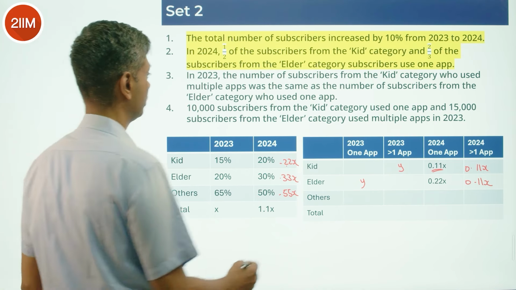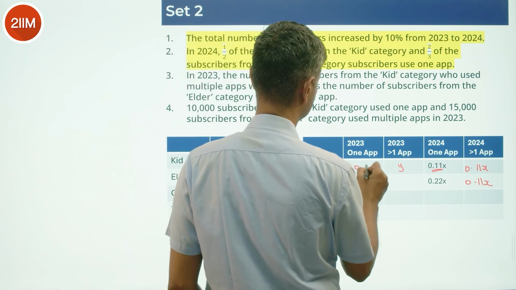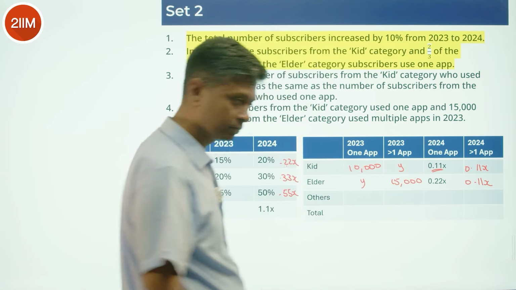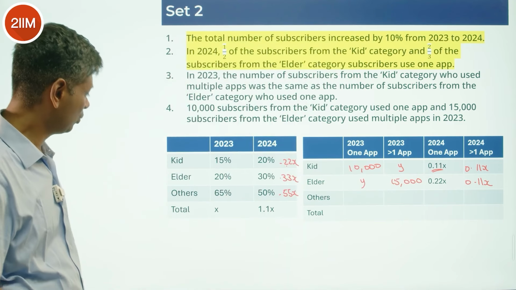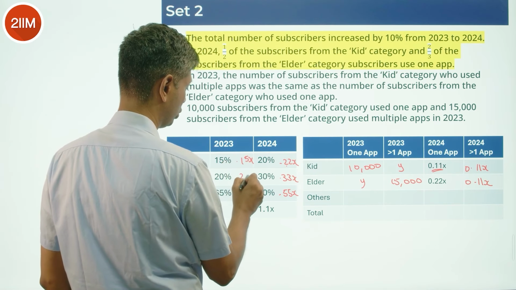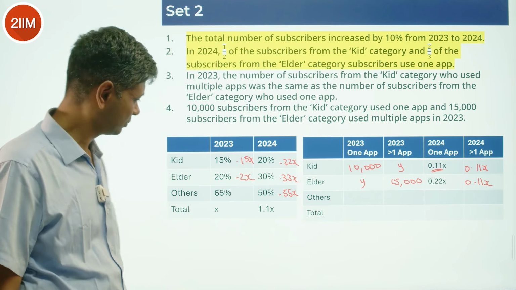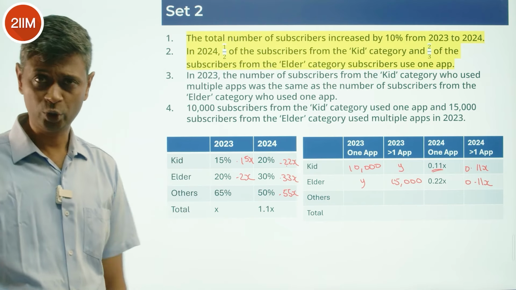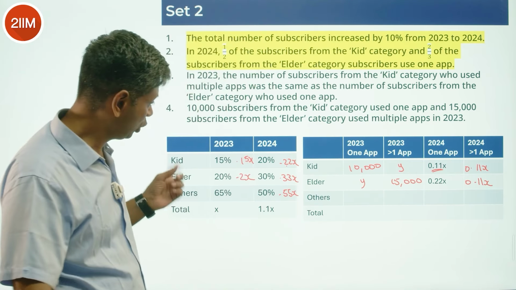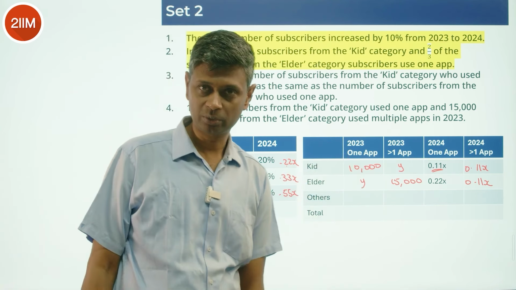So this is 10,000, this is 15,000. Nicely done. Now this is 0.15X, this is 0.2X. Total is X, 0.15X and 0.2X. 0.15X is 10,000 plus Y. 0.2X is 15,000 plus Y.